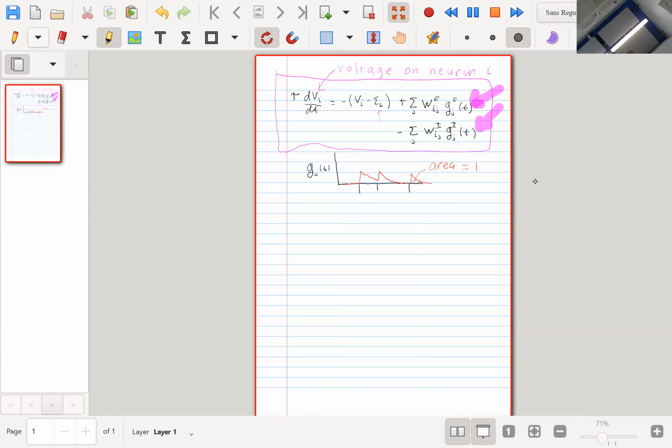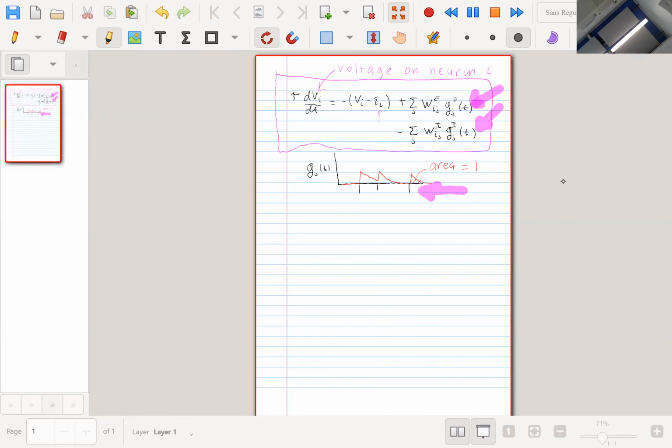And this g_j(t) term is basically a bunch of fluctuating input. Every time there's a spike, shown at the bottom as black marks, g_j increases by a small amount and then decays again.